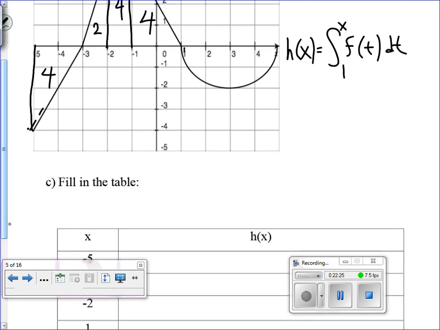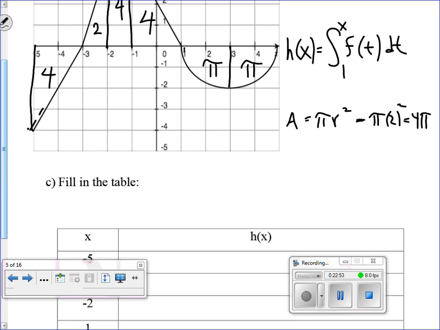Since I have to break it up at 3, I'm just going to break this up. Well, if you drew the whole circle, the radius would be 2. So the area of the whole circle is always pi r squared. So the whole circle would be pi times 2 squared, or 4 pi. So that would mean that each quarter of this circle would be 1/4 of that, or just pi. So there's a pi, and there's a pi.